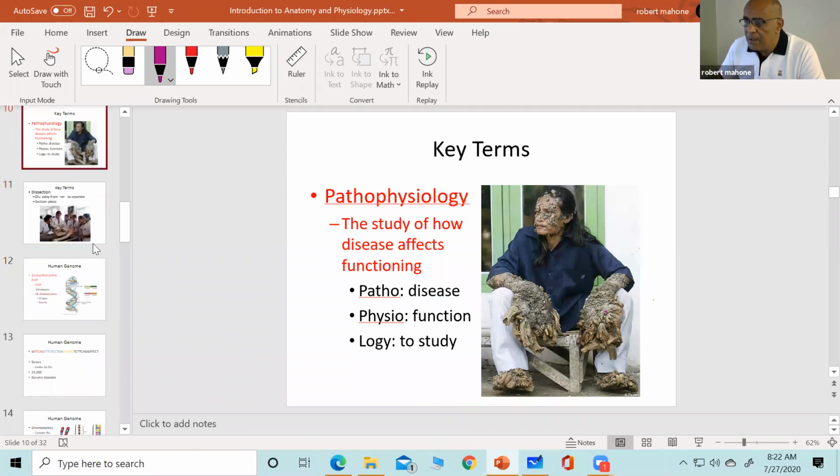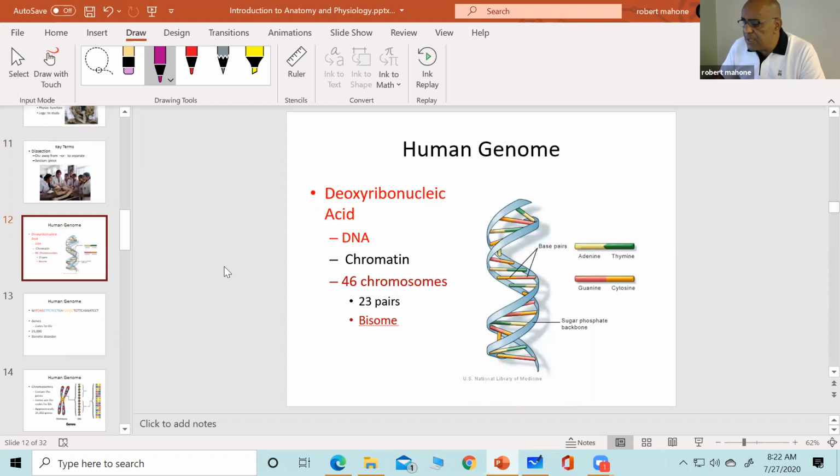Okay. So where we're going next is the basic unit of human, taking us all the way down to the lowest level. Now, the actual bottom level would be the chemicals and minerals that make us up. But the human level is going to be the human genome, which y'all have heard of as deoxyribonucleic acid or DNA.